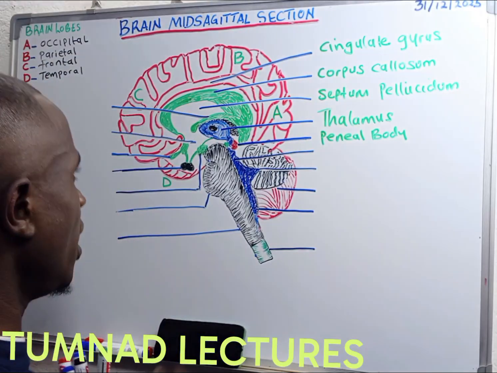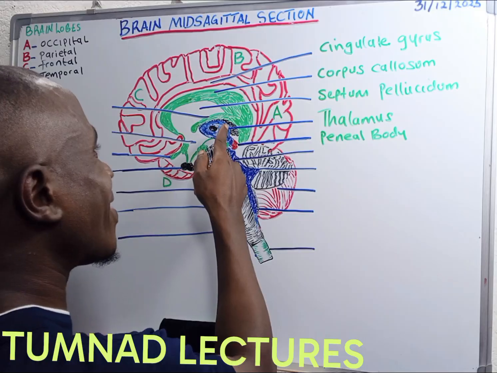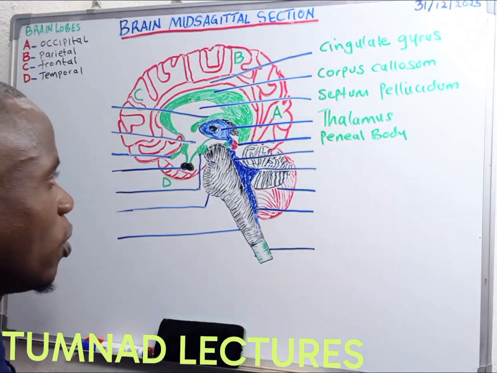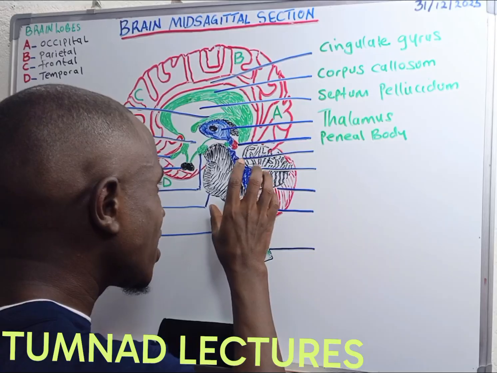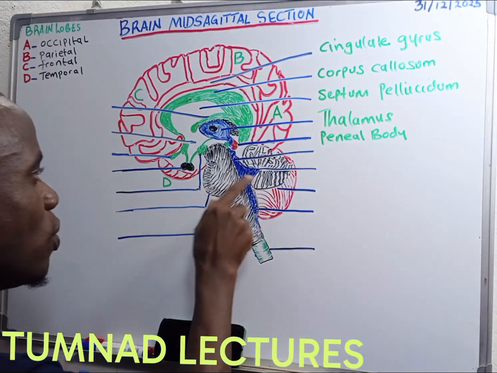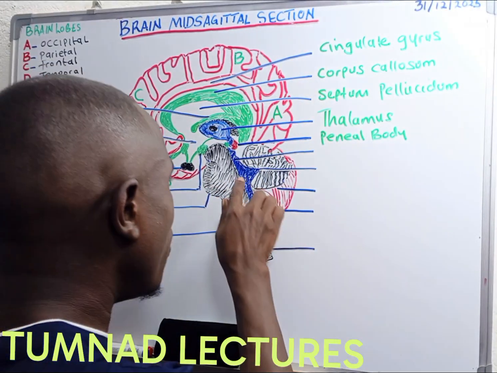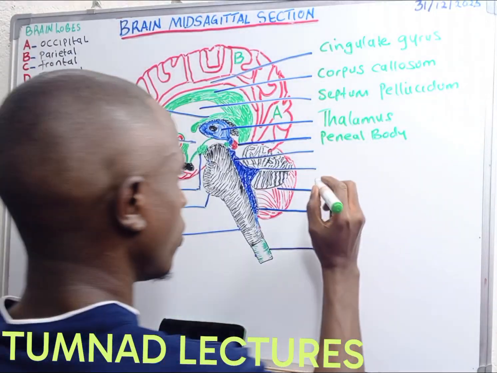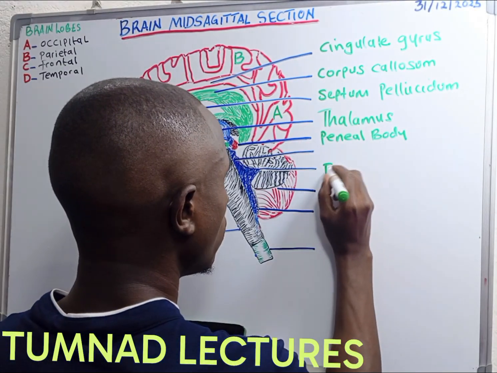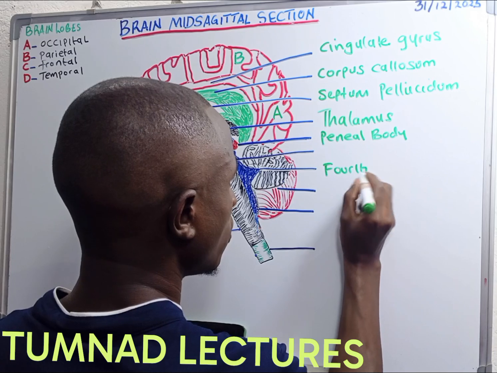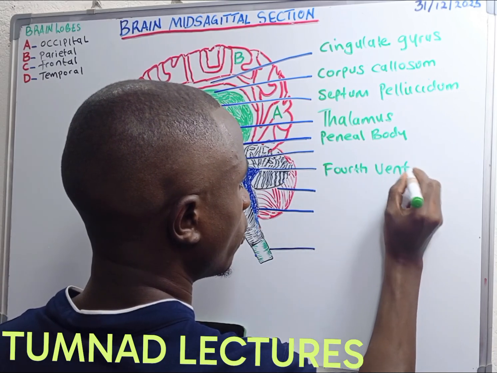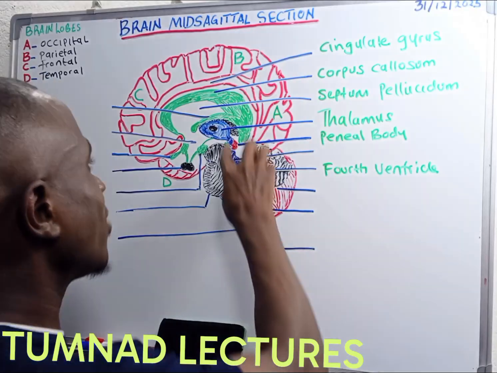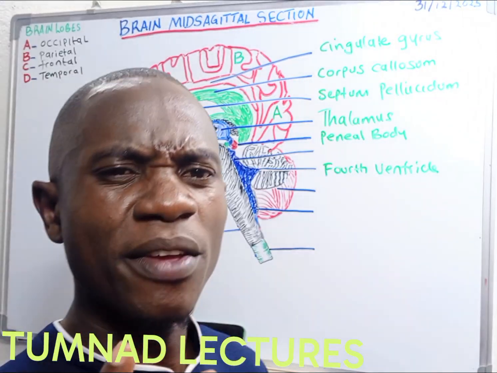Now, this cerebrospinal fluid from the third ventricle is going to flow down to the fourth ventricle. You see this one here, just in between the pons and the cerebellum. This ventricle here is what we call the fourth ventricle. Okay. Now, the fourth ventricle is connected to the third ventricle by a very important canal.